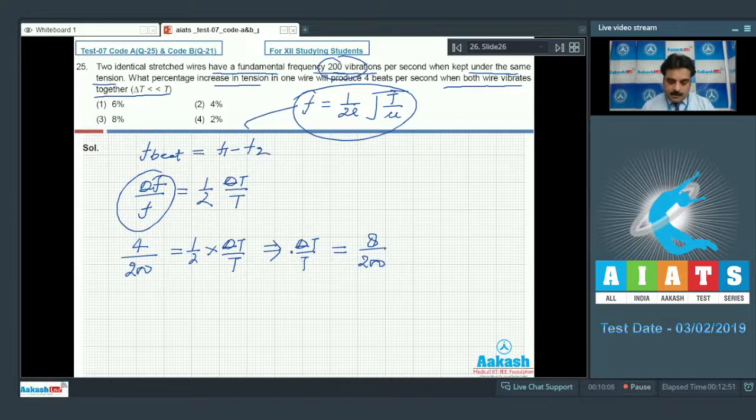In terms of percentage, we multiply by 100 on both sides. So when you solve, you will get 4%, because the zeros cancel out and 2 fours are 8. So by this calculation, I can say option number 2 will be the right choice. So let's move on to question number 26.